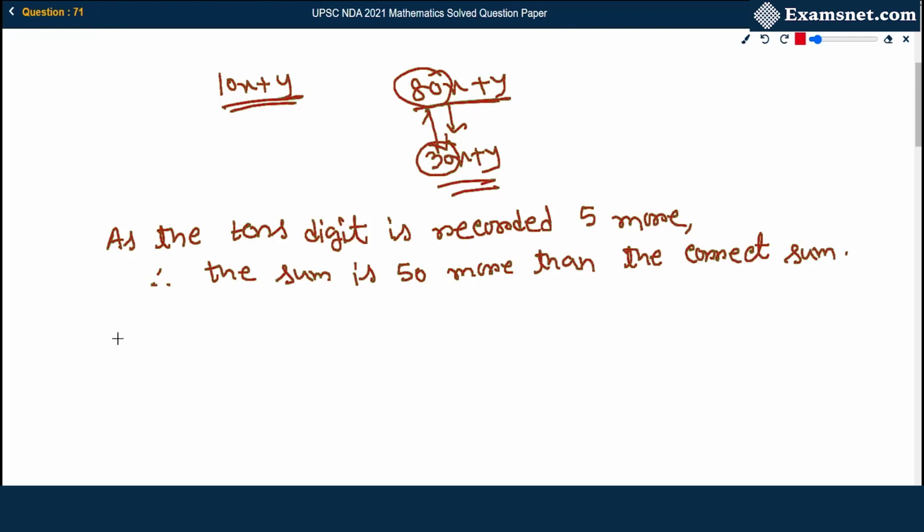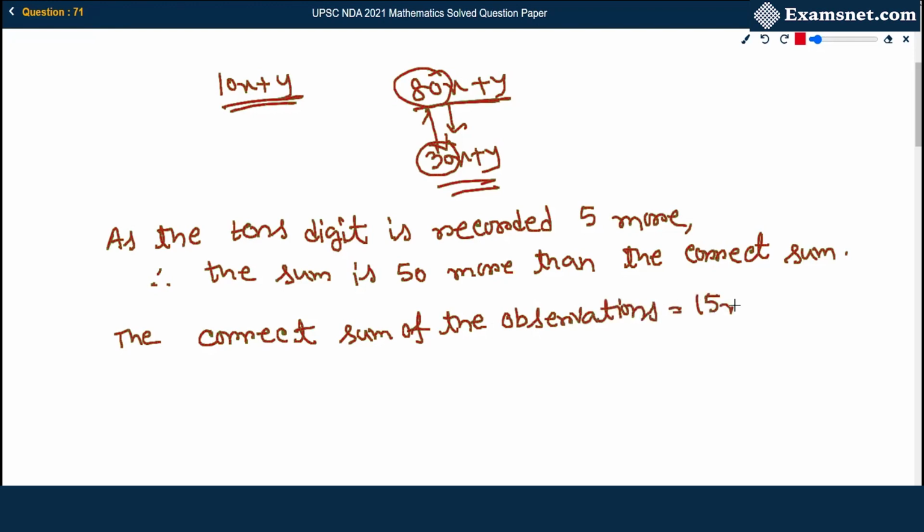So therefore the correct sum of observations should be 15x minus 50.